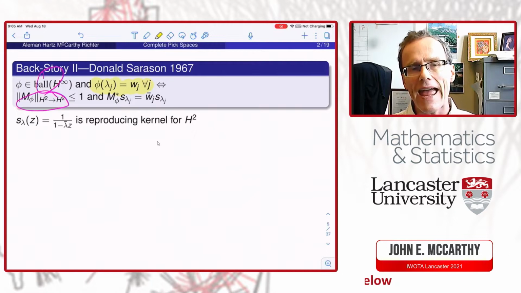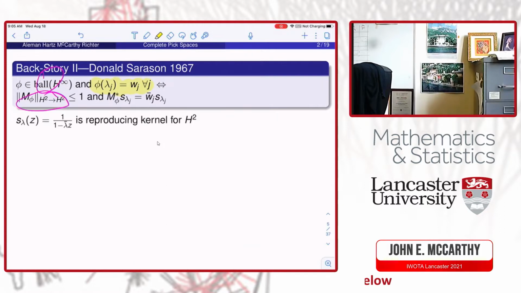More particularly, if you look at the adjoint of the multiplication operator, M phi star, it's easy to show that for any multiplication operator, the adjoint satisfies, and I'm using S sub lambda to denote the Szegő kernel, S sub lambda of z is 1 over 1 minus lambda bar z.